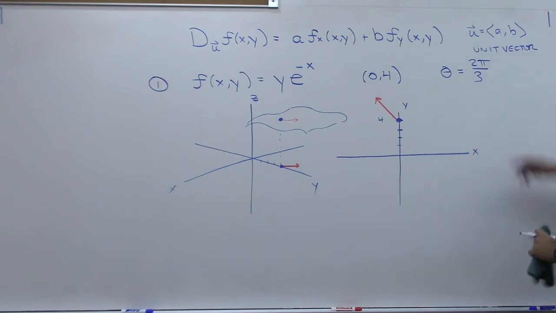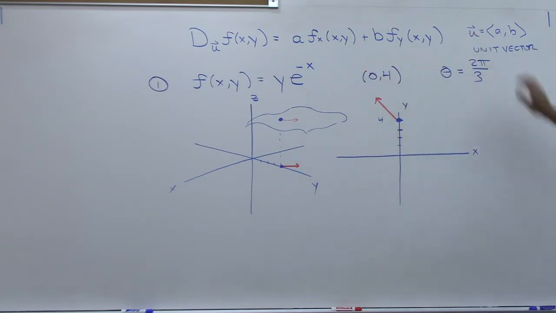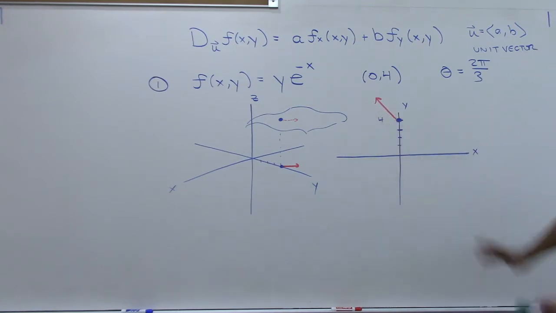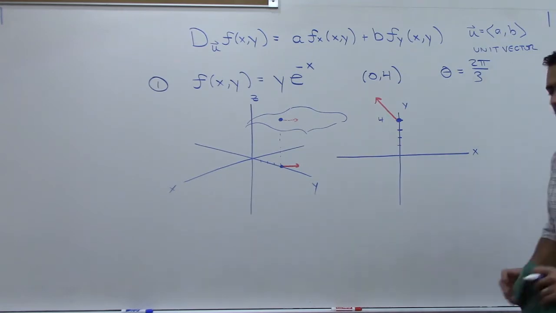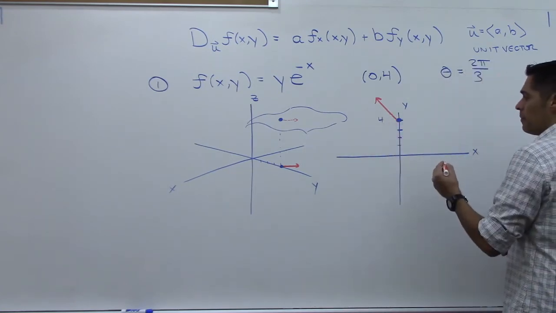So the vector u points in the direction that we want to point in, but we have to make sure it's a unit vector. So this vector right here, this red one right now, I'm not going to call that vector u because I don't know if it's a unit vector. So let's just figure out what this vector is first, and see if we can write this in some form.